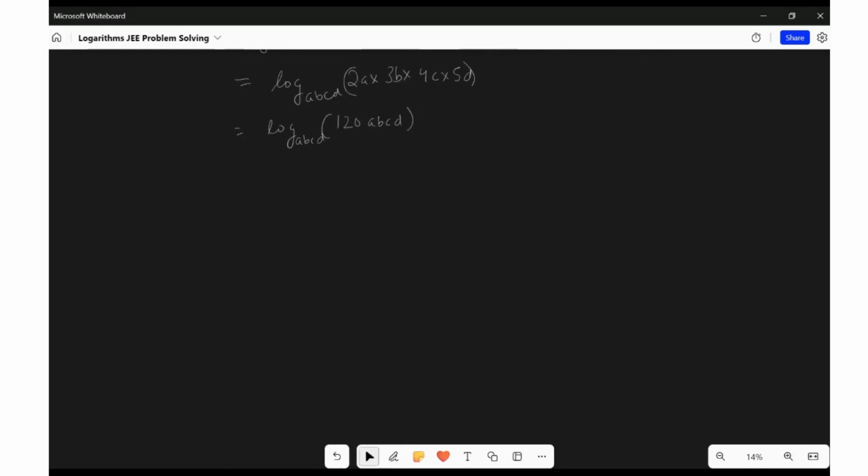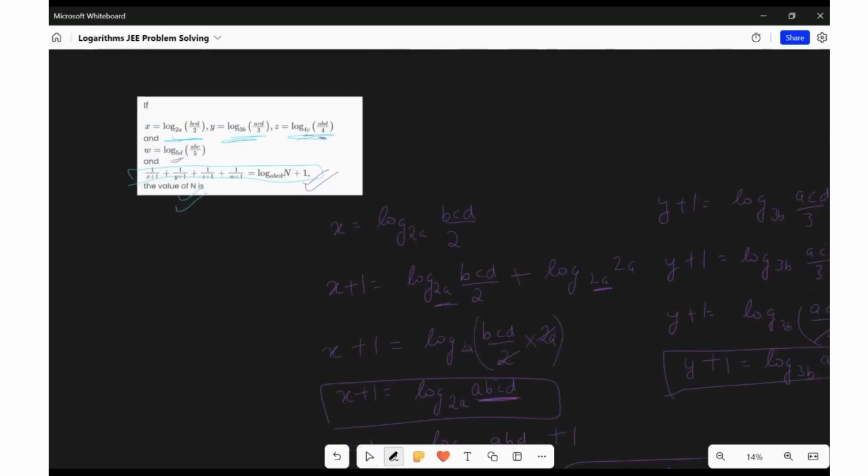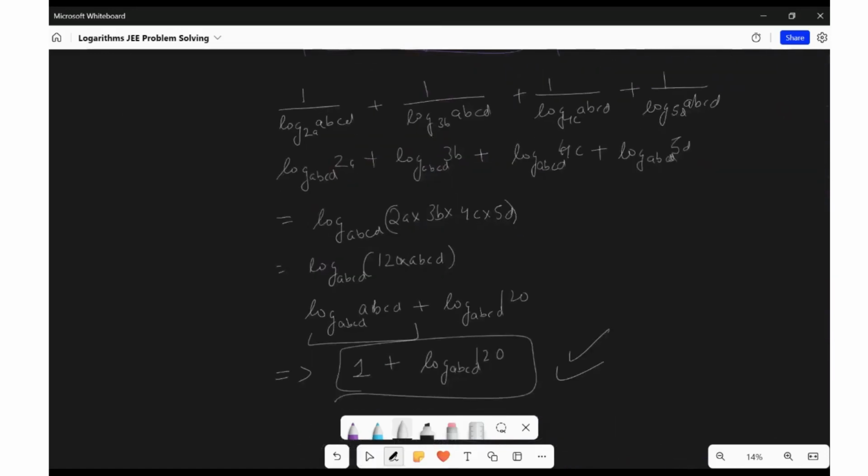Now we can write 120 into ABCD, so log ABCD base ABCD plus log 120 base ABCD. Now this is just 1 plus log 120 base ABCD. We can simplify it further, and now we got this in the form of what we were given initially in this question, log n base ABCD. So we can say that n is 120.